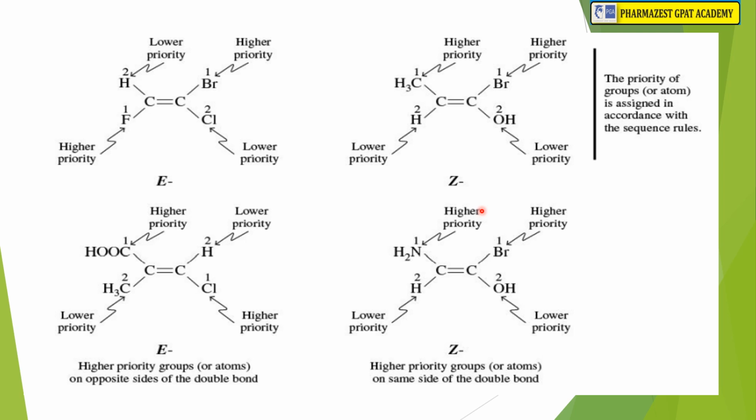That is known as Zusammen, that is same side. E stands for entgegen, opposite sides. Mainly here the naming is given based upon the presence of higher atomic number containing atoms towards the same side or opposite sides of the plane. Based on that, the compounds are assigned with the E and Z system. Okay.